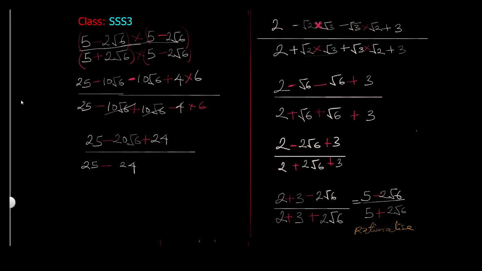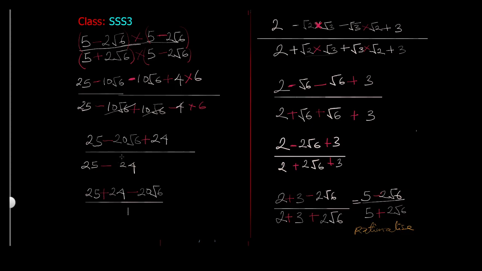Minus 24 will come over here and become plus 24, then minus this 20 root 6. Then 25 minus 24 is 1.